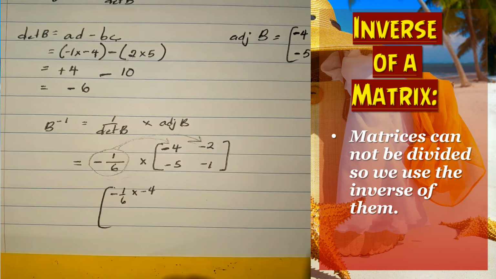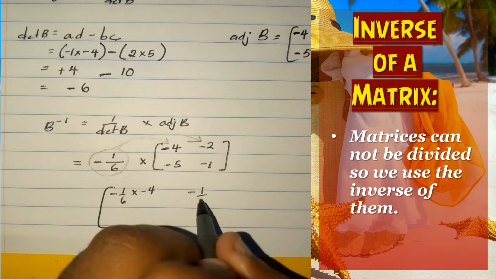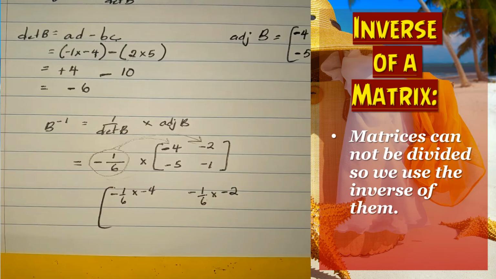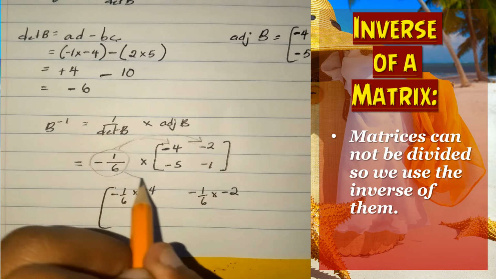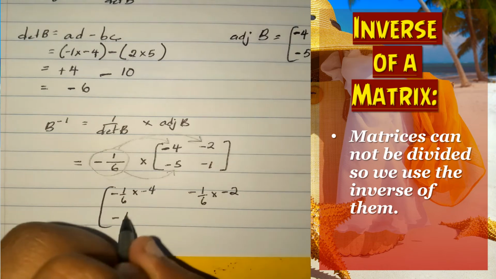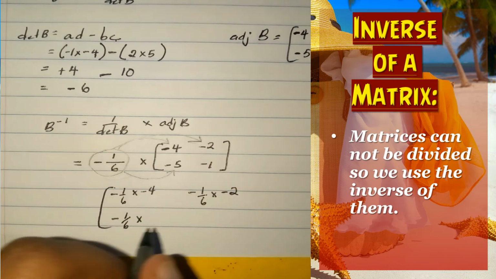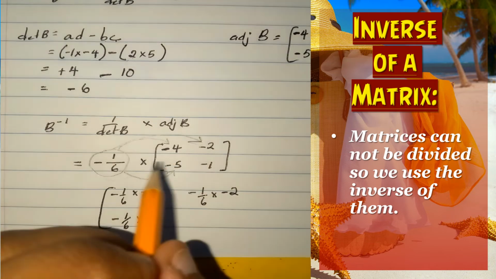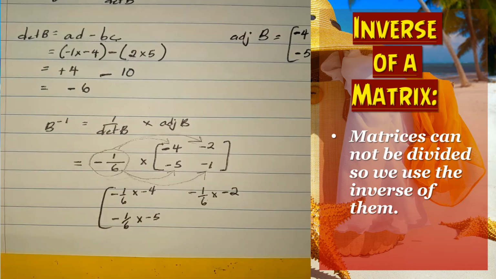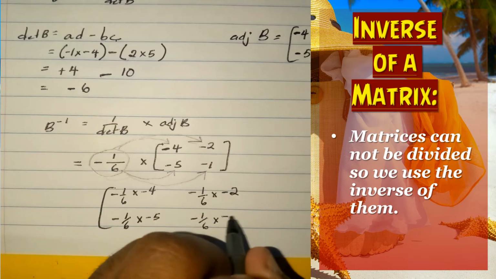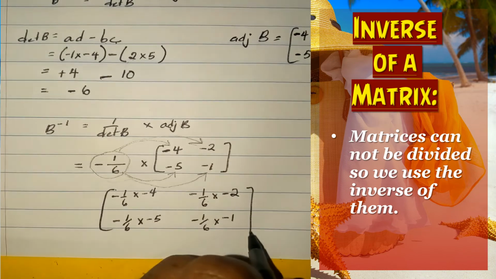So it now becomes -1 over 6 multiplied by -2. And I'm going to do the same thing with this element. So it becomes -1 over 6 multiplied by -5. And it is not complete until I do all the elements. So -1/6 by -1.